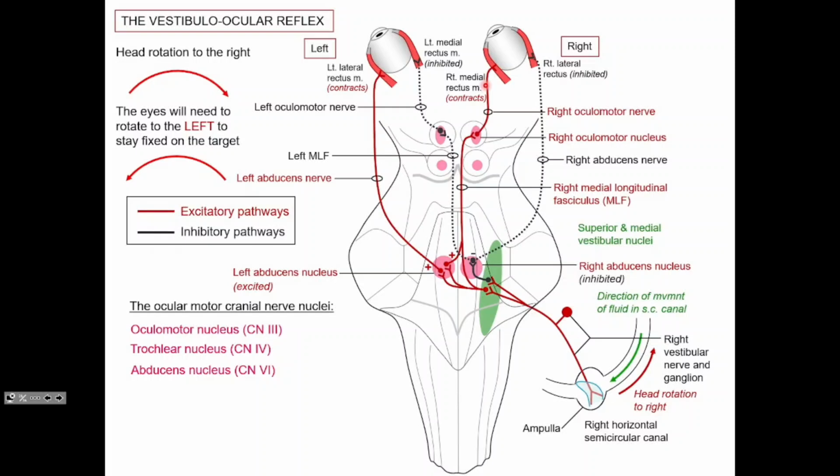Now, the movement to the side to which you are turning your head is happening because of your frontal eye field area. The frontal eye field area in your frontal cortex is going to send information down to the pons, and in the pons there is something called PPRF, the parapontine reticular formation. PPRF is the center for horizontal gaze, and it is going to do completely the opposite of what the MLF is doing.